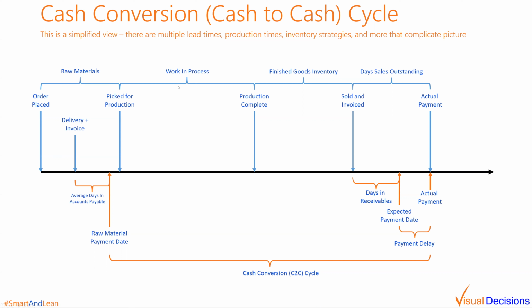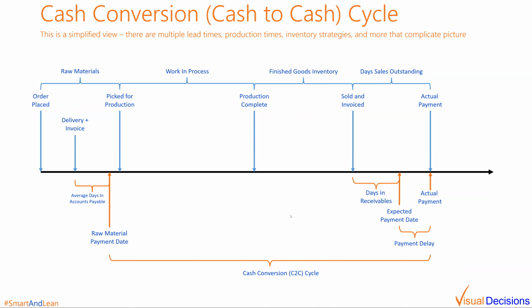Then those materials spend time in process, going through the manufacturing process. When production is complete, those finished goods are placed into inventory. And then eventually they get sold and invoiced out to the customer. And when we receive payment from the customer for those items, then we close that cycle. And so the amount of time between when we buy the raw materials and when we receive payment for the finished goods is our cash-to-cash conversion cycle.